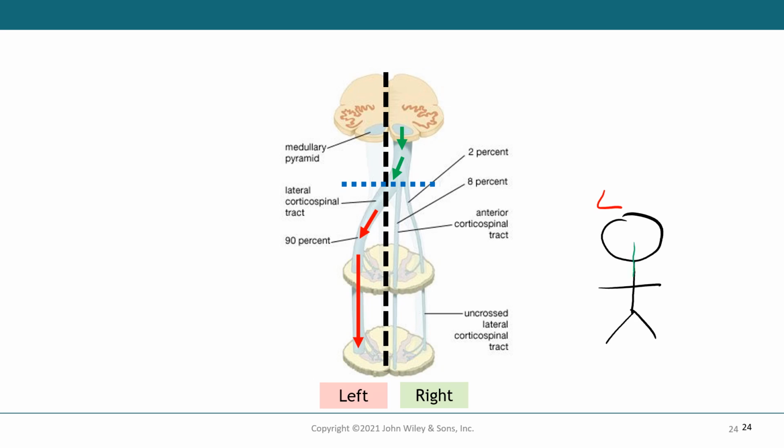So all the limbs and sensory organs of the right side are controlled by the left side, and the right hemisphere controls the opposite side, that is, the left limbs, left legs, eyes, sensory organs. And why is this happening? Because of the decussation, this crossover of information.